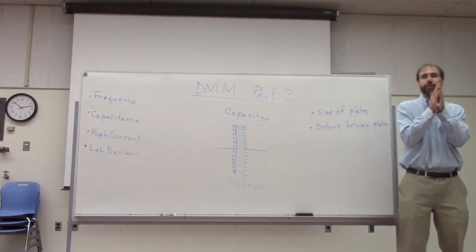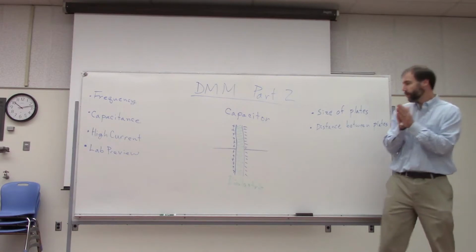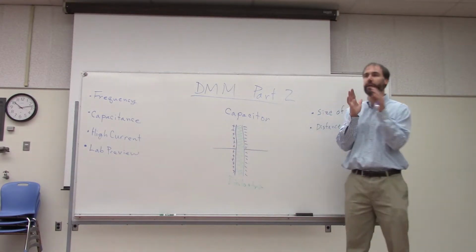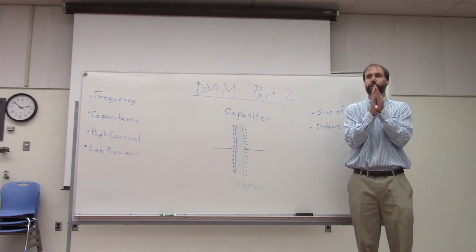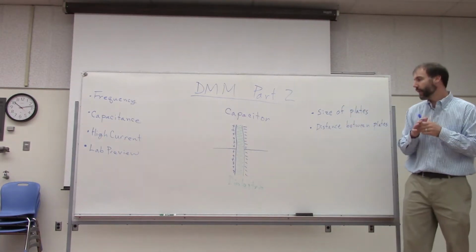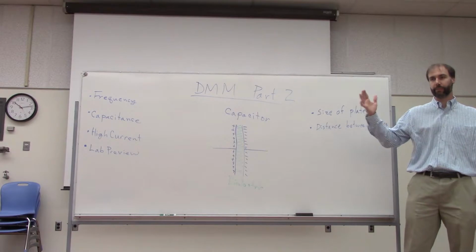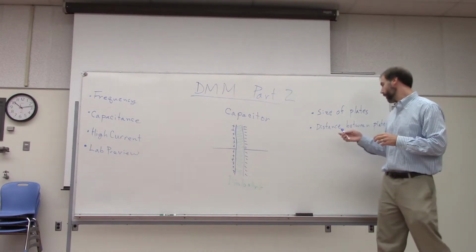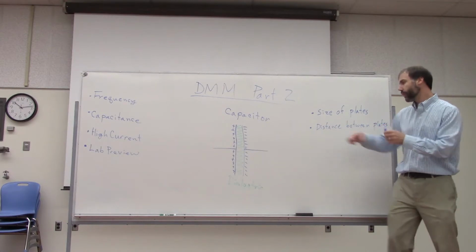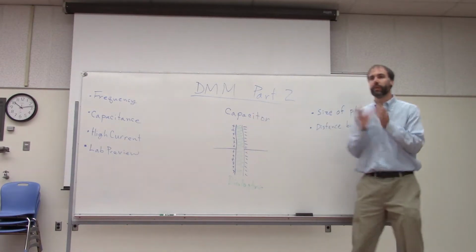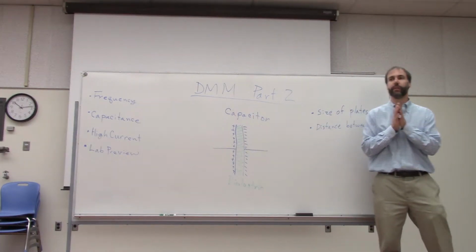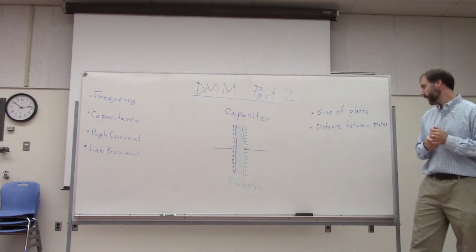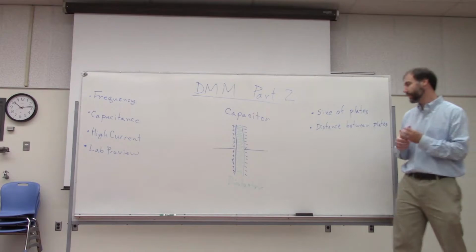If they're really close to each other, they're pulling really hard. So these positive charges can attract a lot of negative charges if they're really close to each other. If they're farther away, then they're pulling a little bit, but not nearly as much. So the closer the plates are together, the more capacitance the device can have. Okay? As they're farther apart, they have less capacitance.